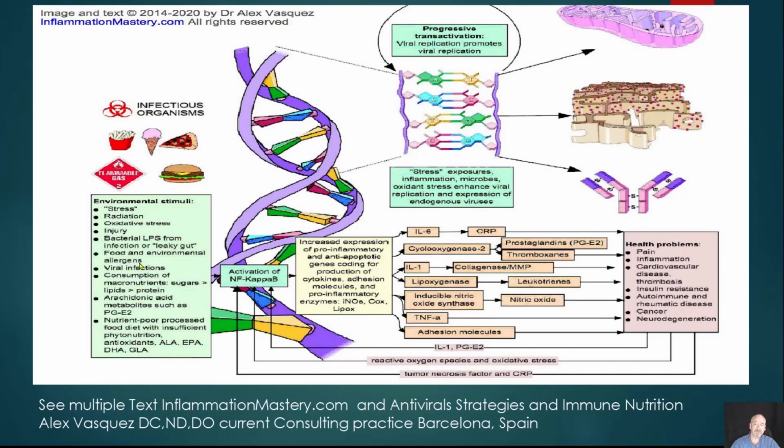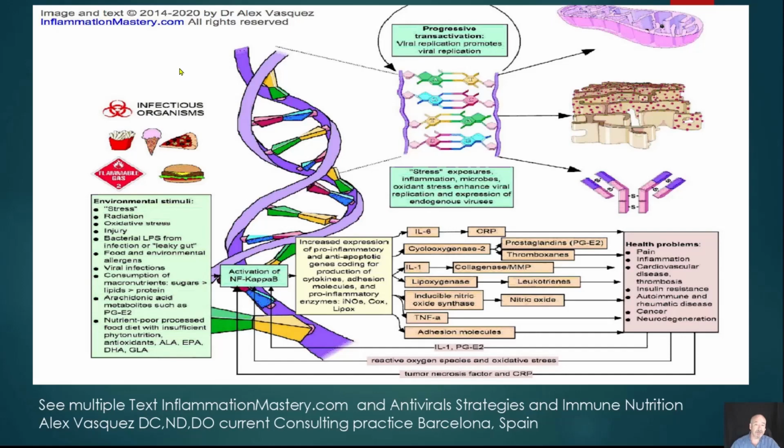All of these different components play into the original realization about how this plays into the activation of viral infections becoming progressive. And the Inflammatory Mastery text is a great example of that book. This has also been published inside several of his textbooks, which provide great insight as to how mitochondria function, as well as antiviral strategy.